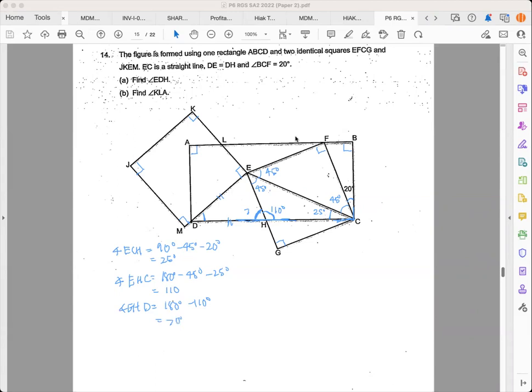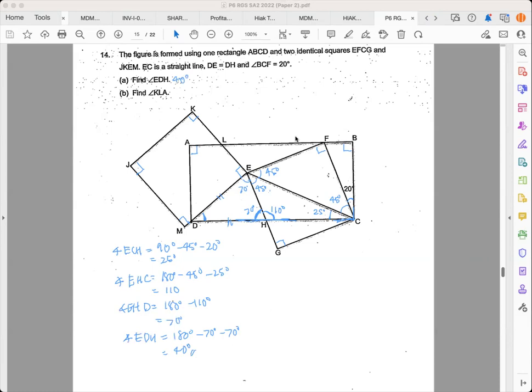So this is 70, this will also be 70. Angle EDH is the angle at the tip of the isosceles triangle. Angle EDH will be equal to 180 minus 70, the bottoms of the two isosceles triangle. You get 40 degrees. So this is 40 degrees.